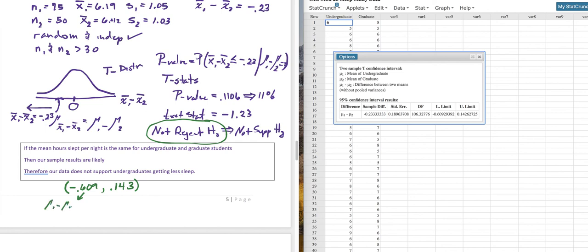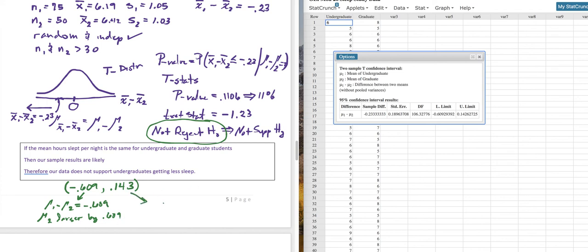Okay, so at this left-hand endpoint, mu1 minus mu2 is equal to negative 0.609. This means that the mean amount of sleep is larger for group 2. It's larger for the graduates, and it is larger by an amount of about, little more than a half an hour there, by 0.6.